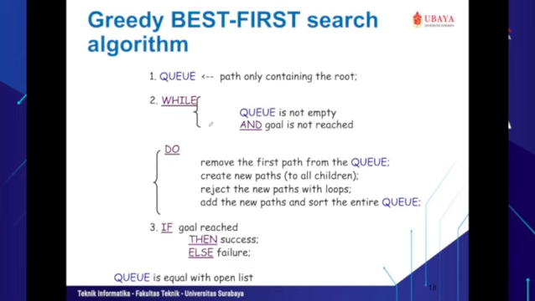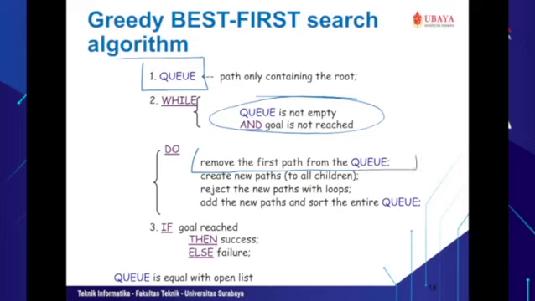In the greedy best first search, we will use a queue data structure, but only containing the root. And then we will do looping. While the queue is not empty and the goal is not reached, we will do the following. We will remove the first path from the queue and then we will create new paths to all children. Next, we will reject all new paths that will create loops.